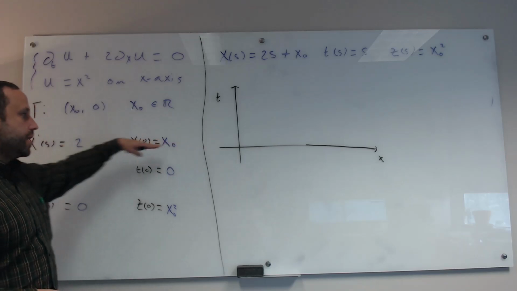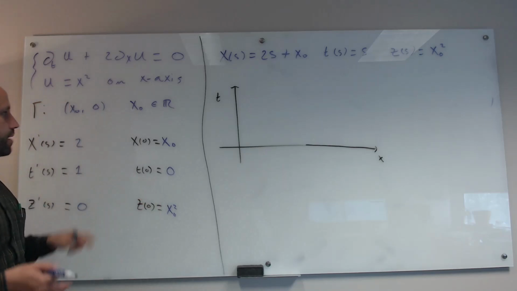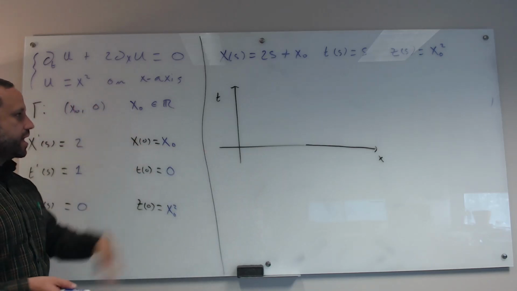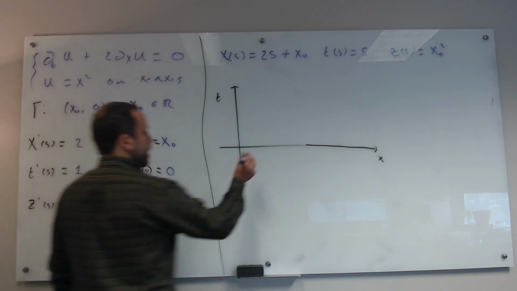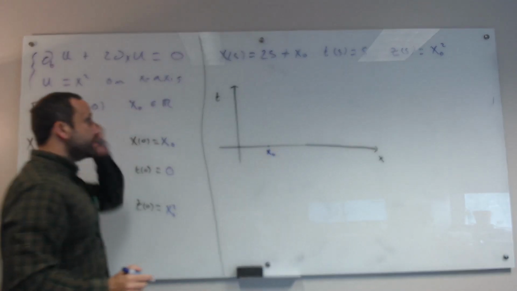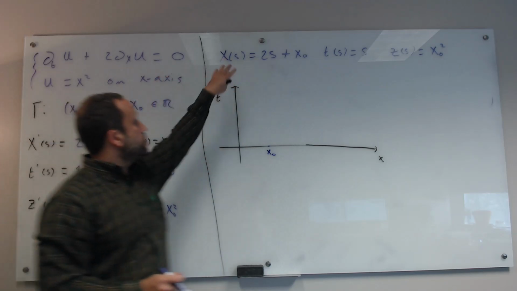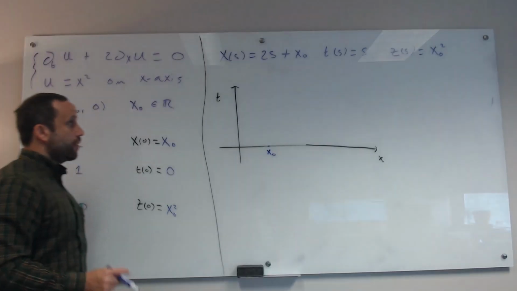Notice it's also extending out to the negative x-axis and negative t-axis. I'm just going to draw it like this for now. And so if I start at a generic point here, x naught, these curves, by the way, are called characteristic curves. The curves defined by x and t are called characteristic curves.